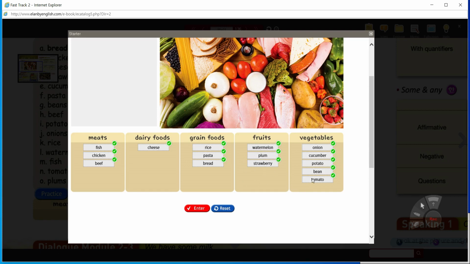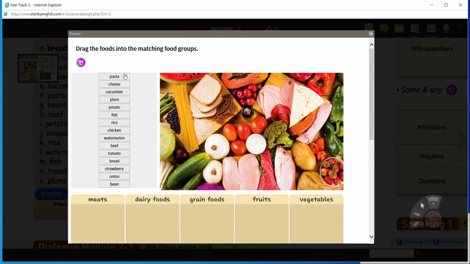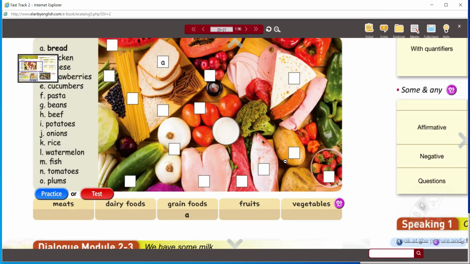Okay. Most people think of a tomato as a vegetable. Okay. And again, if you want to do that again, you can reset it, and they've mixed up the categories again, and you can do this drag and match activity as many times as you want. Okay. Good. All right, let's move on down to the listening activity.